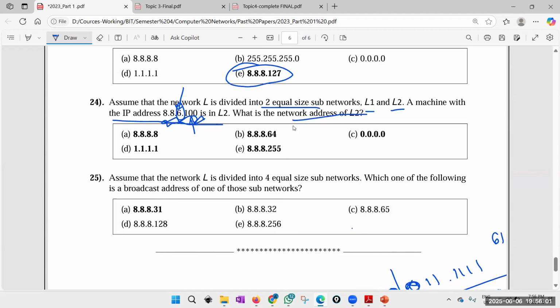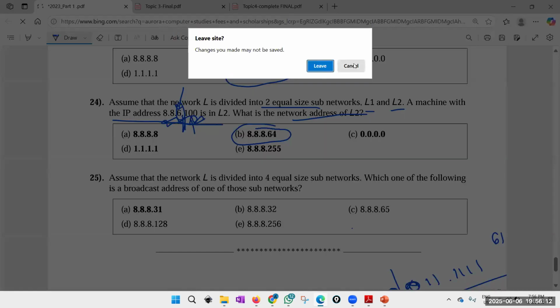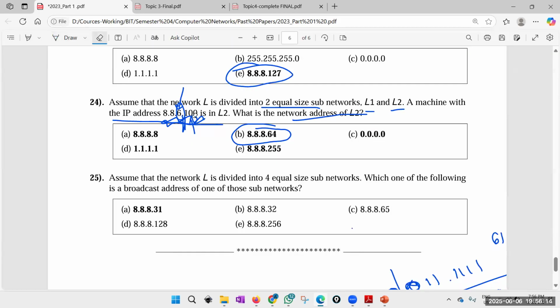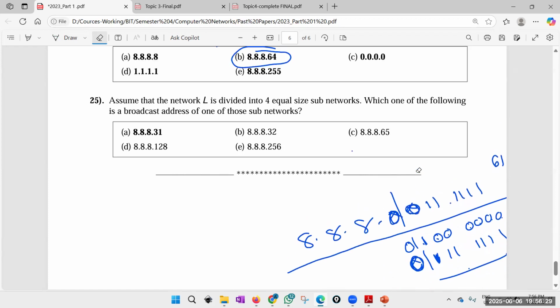Yes, the answer is there, but the examiner has given full marks because of this issue, this 6, okay? So the answer should have been, if the question is properly asked with 8 here, B, because this machine is in the second subnetwork, not the first subnetwork, okay? If it is not clear, you can ask, I can explain again.